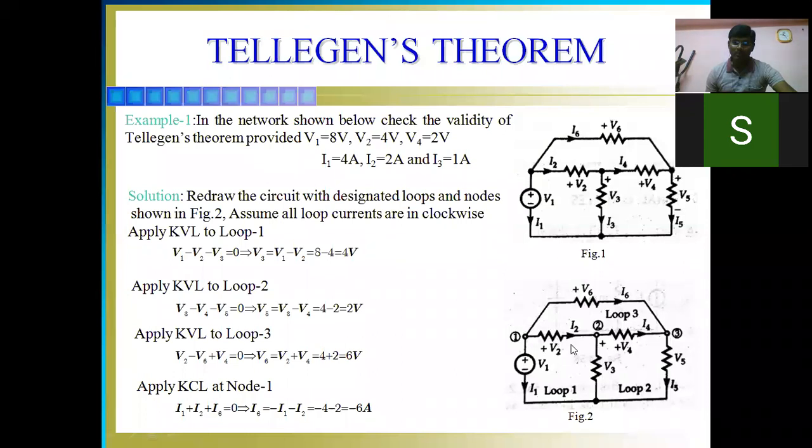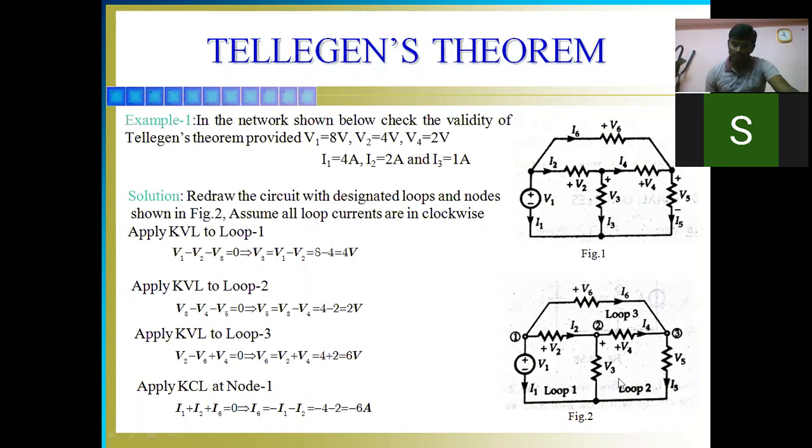So these two are opposite to V1. Therefore, V1 minus V2 minus V3 is equal to 0. From this, V3 is equal to V1 minus V2, which is equal to 8 minus 4, which is 4 volts. Then come to loop 2 and apply KVL to loop 2.